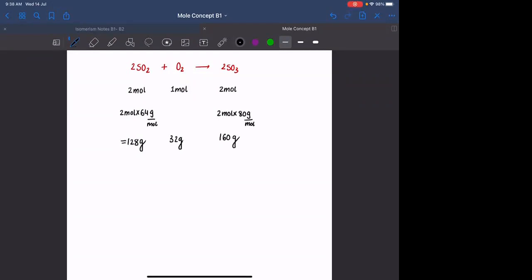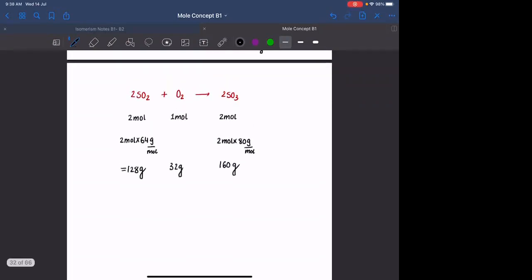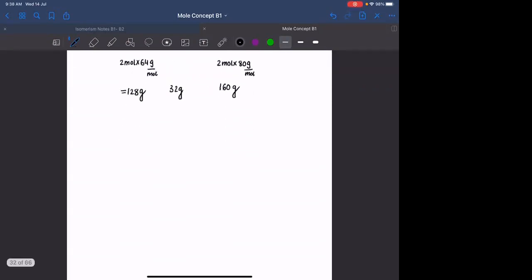Now I am doing analysis in terms of weight. What I will say is, from stoichiometry, 128 gram SO2 produces 160 gram SO3.